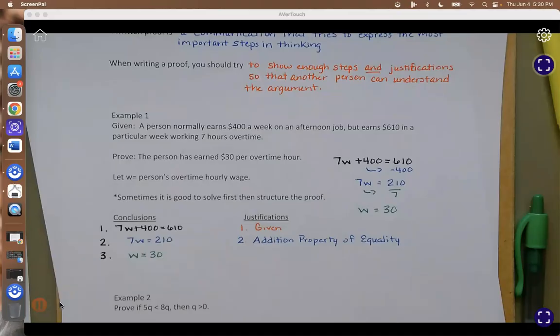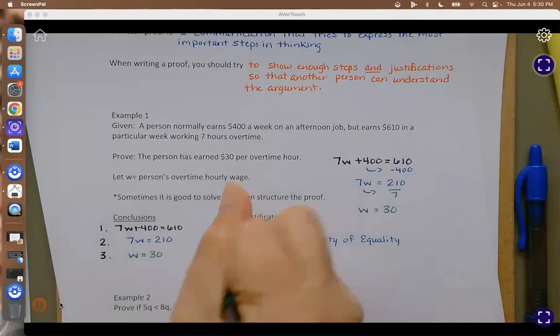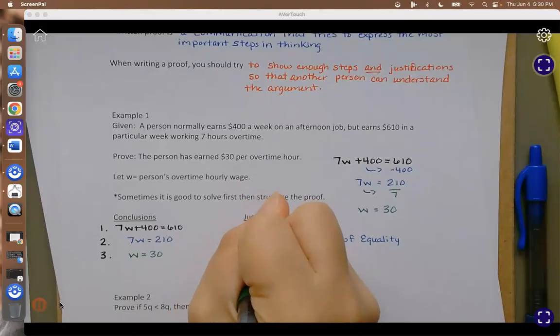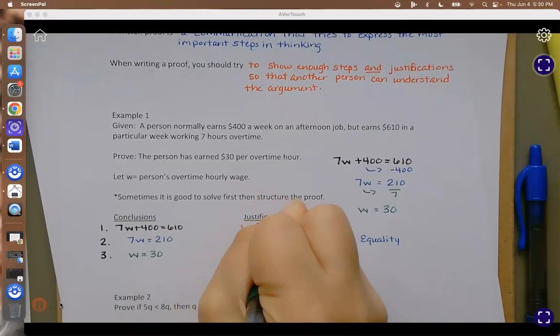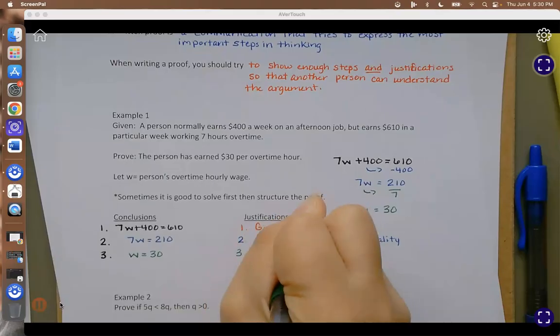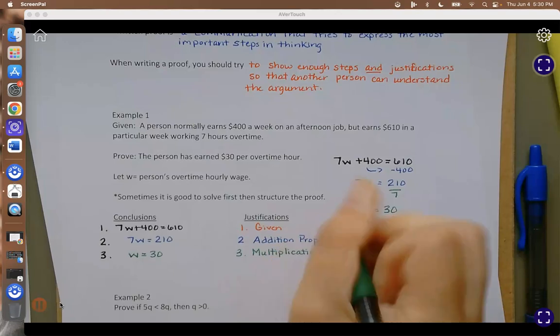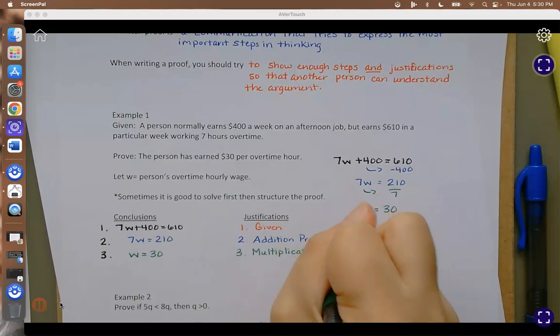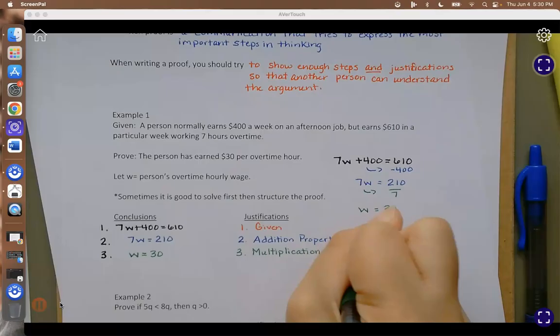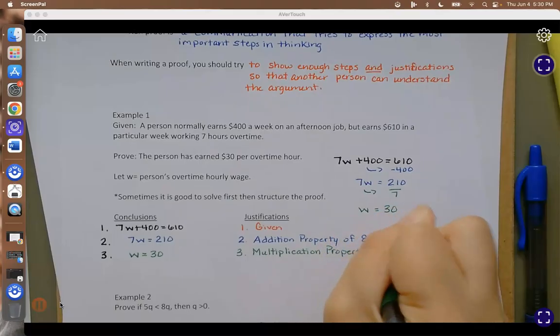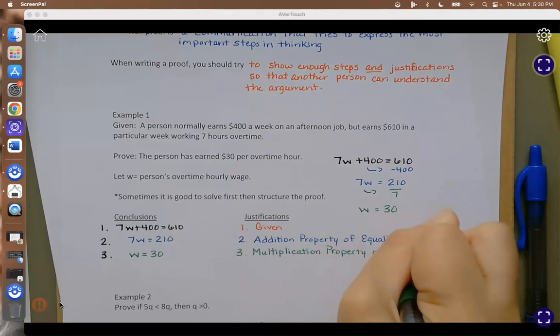Same thing happens when you multiply or divide, because really what you're doing is multiplying by 1/7. It's the same thing as dividing by 7. So this is going to be called the multiplication property of equality.